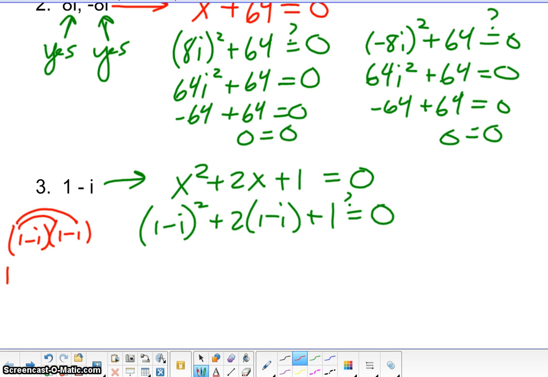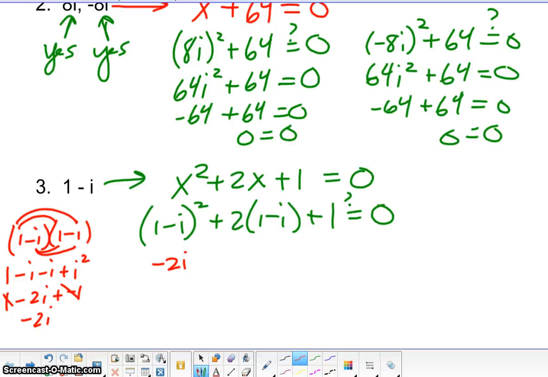First, outside, inside, last. So you get a positive i squared. Now if we clean this up, it would be 1 minus 2i plus negative 1, and then the negative 1s will cancel out, giving us a negative 2i for that first spot. So let's go ahead and write in negative 2i to replace the binomial squared.